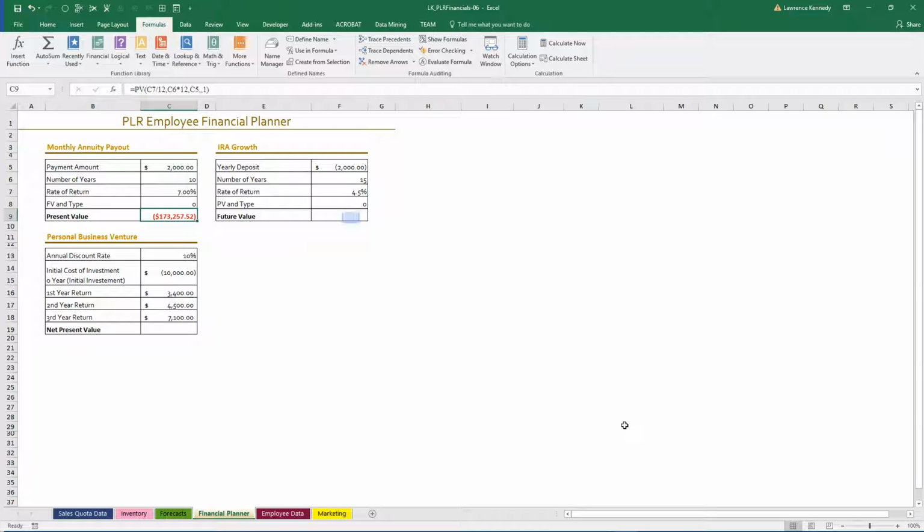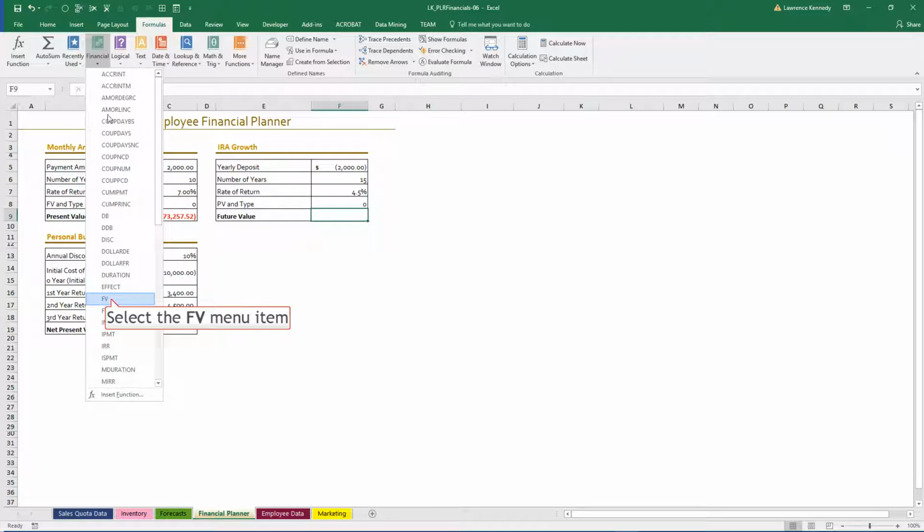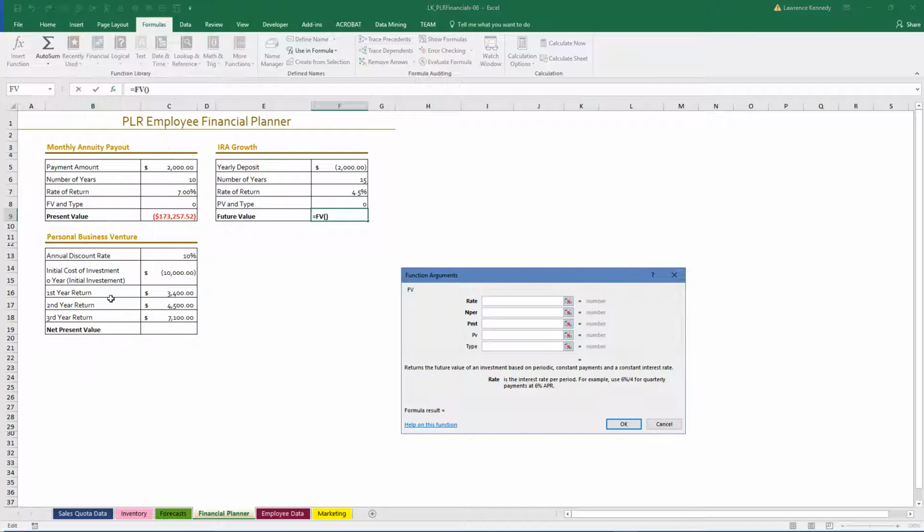Okay. So let's calculate the future value using the same arguments, the same logic. Again, I'll go into Financial. I'll select FV for future value. What is my rate? My rate is 4.5%, and this is once a year. And what is my NPER, the total number of payments?